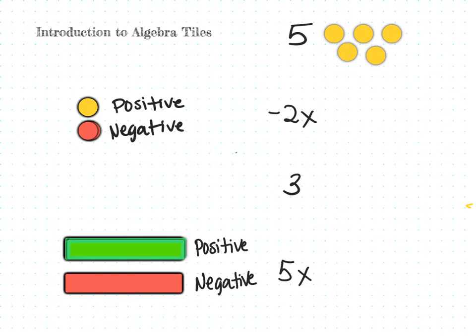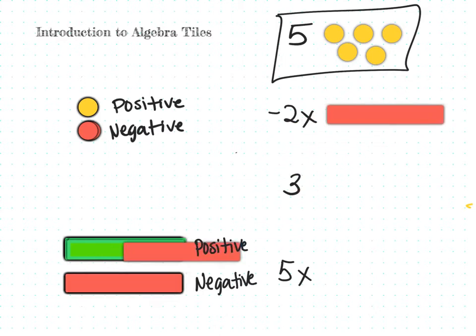And that's how I would model +5. The next example is -2x. -2x is a variable. So I wouldn't use the circles, I would use the rectangles. And since it's negative, I would use 2 negative rectangles. And that's how I would model -2x.